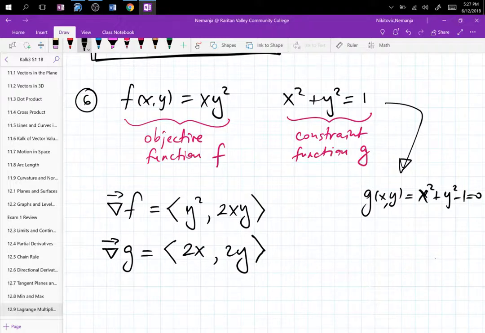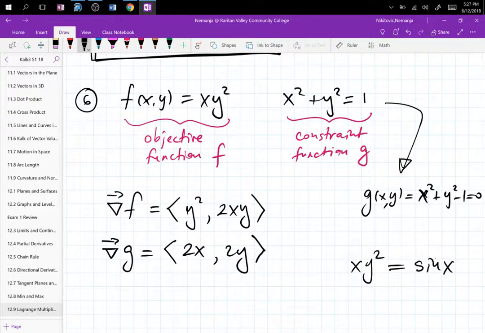So step number 1 is to write g implicitly so that you can take the gradient. Why is this important? In this case it was simple, and the 1 would die either way if you take the derivative. But what would you do if you had, let's say, xy squared equals sine x?